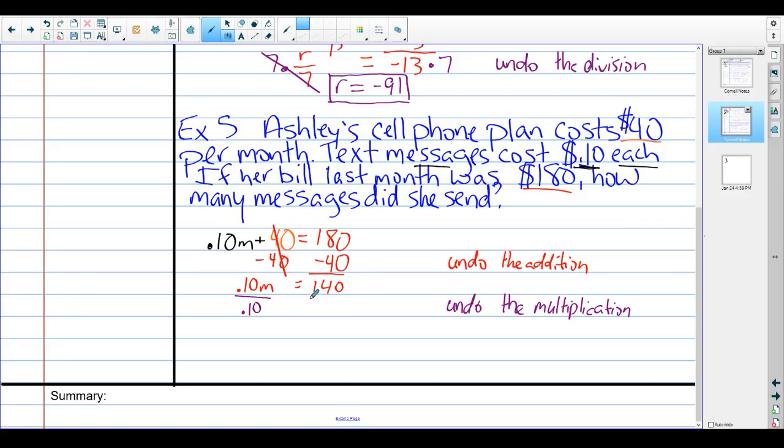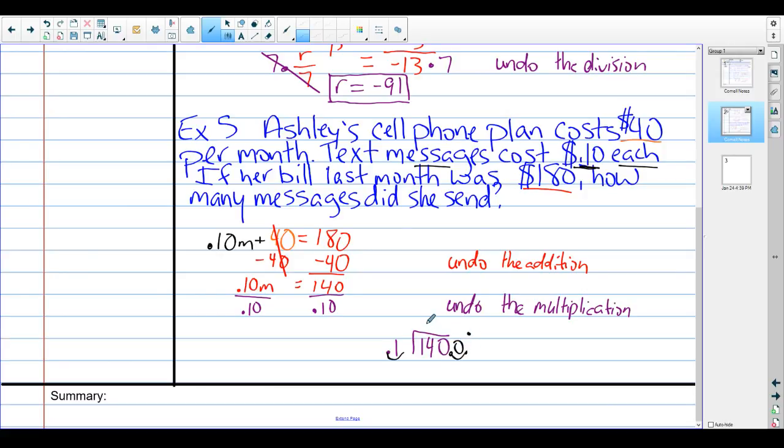We're going to divide both sides by 0.10. Right? Hopefully you can do it in your head. If not, here we go. Ready? Hop in. Bottom out. I want to divide by decimals, so I'm just going to move this over one place.